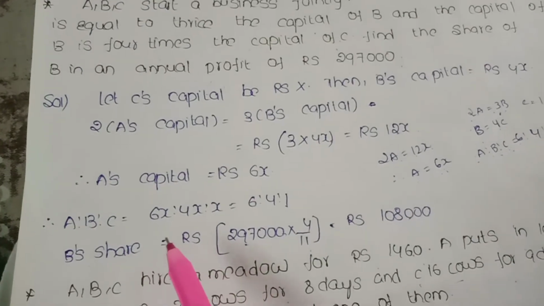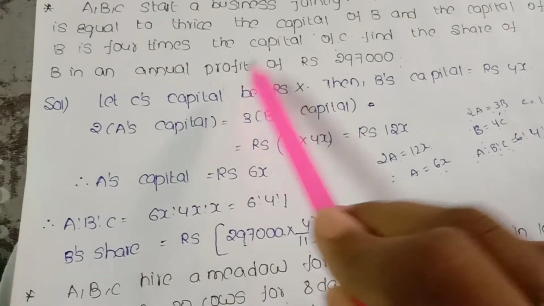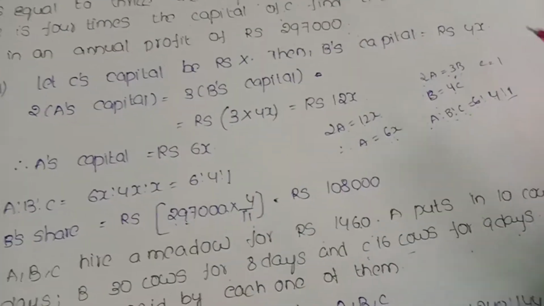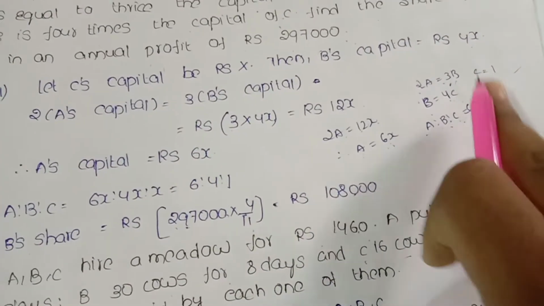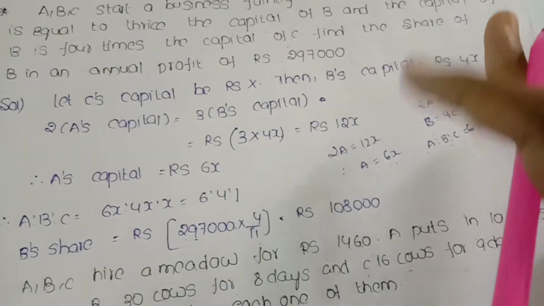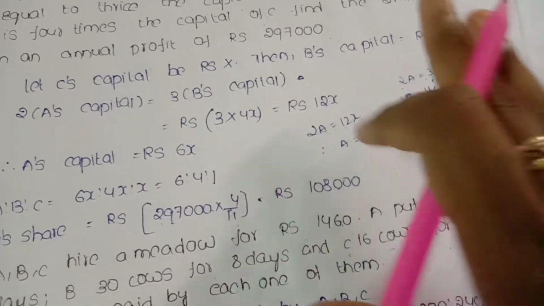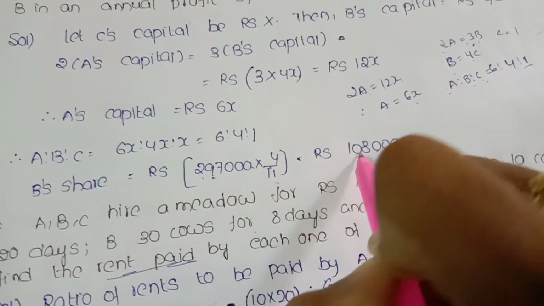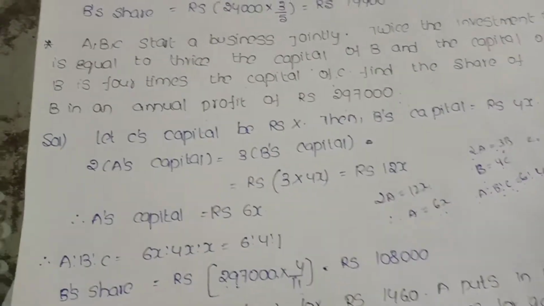How to find B's share? First, write the annual profit 2,97,000 into, in the numerator, B's investment 4, and in the denominator, the total investment. What is the total investment? 6 plus 4 plus 1, 11. So, 4 by 11. Simplifying, we get this value. This is the answer for this question.